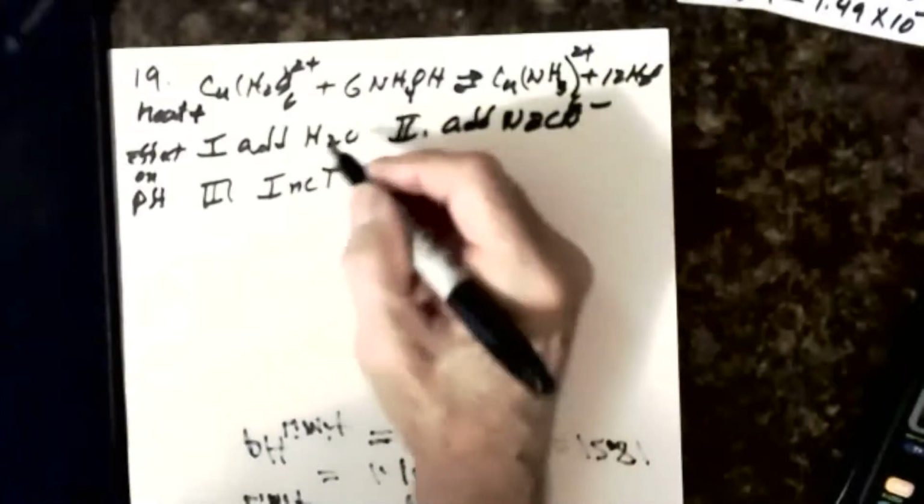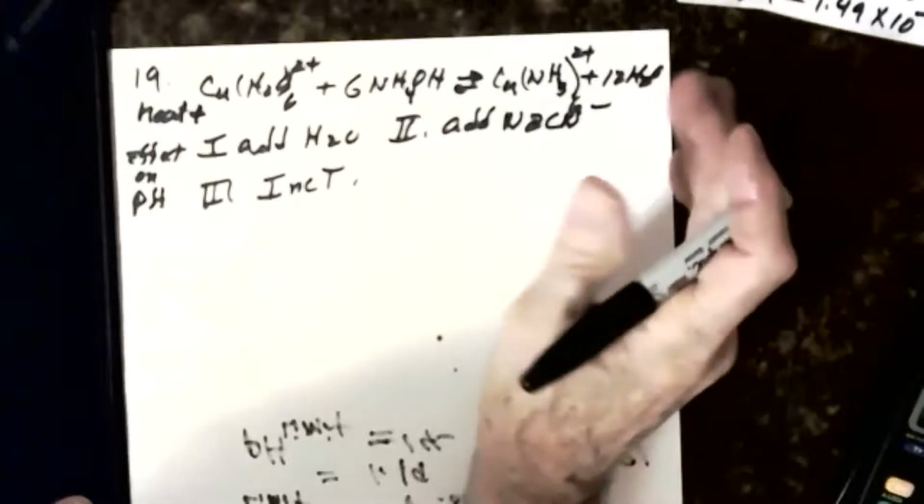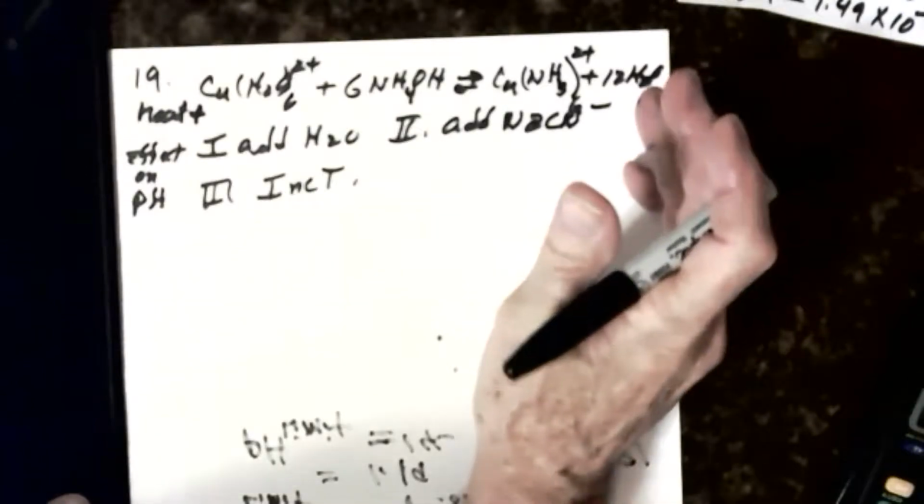So the effect on pH when we add water. Okay, if I add water, what's going to happen to that system? I'm going to dilute everything that's present in there.